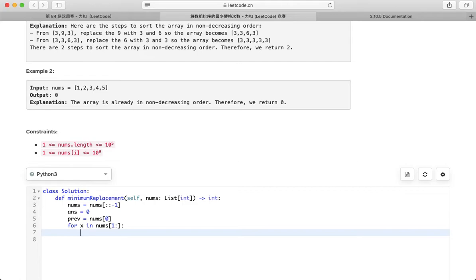For example, if we have a 3 in the end and we have a 9, what am I talking about? I'm thinking, does it make sense to break a number into 3 parts to begin with?